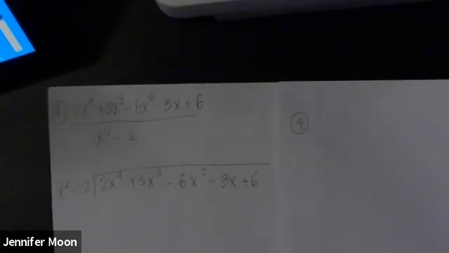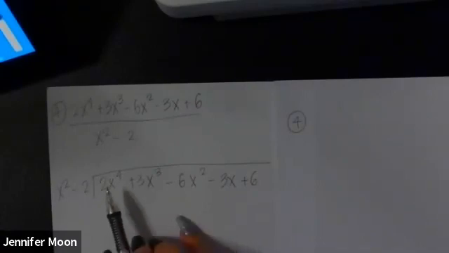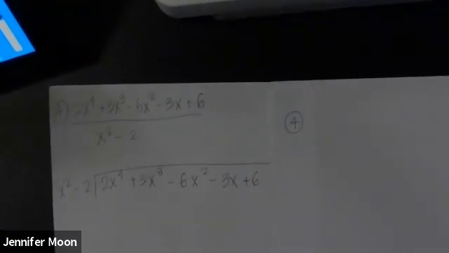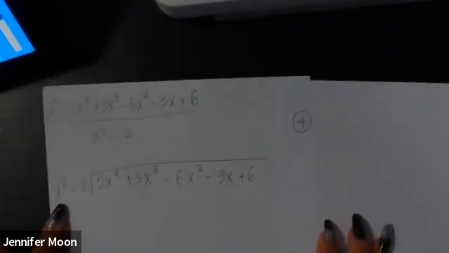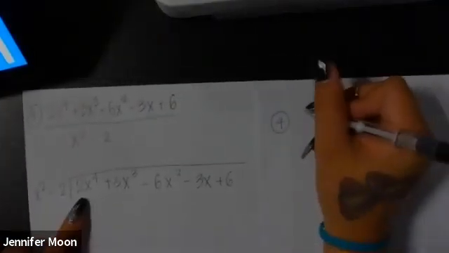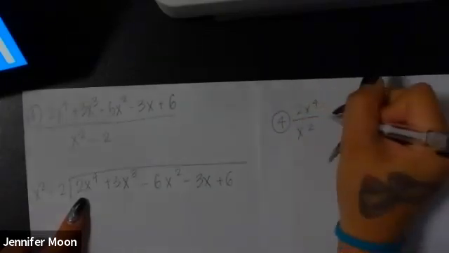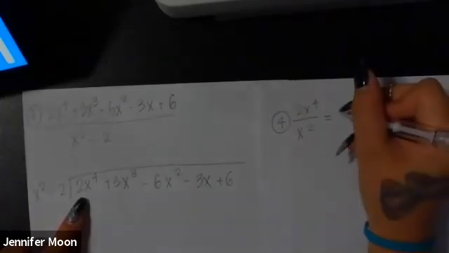So you take the first term in your dividend and you divide it by the first term in your divisor. So what we get is 2x to the fourth divided by x squared. 2 divided by 1 is 2.